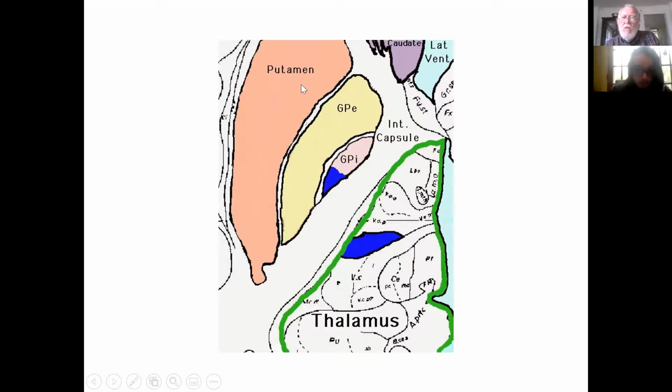So we put the caudate and the putamen together to call it the neostriatum, based on cytoarchitecture. You can also say the caudate and putamen are placed together because they both receive this nigrostriatal dopamine input.